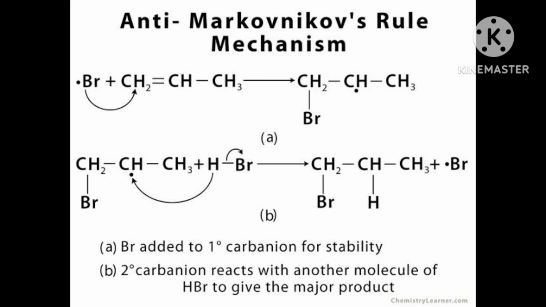Okay, it will give two products. 2-bromopropane is more stable, because it comes from the secondary carbocation, which is more stable. So 2-bromopropane is more stable than 1-bromopropane. This is according to the Markovnikov rule.